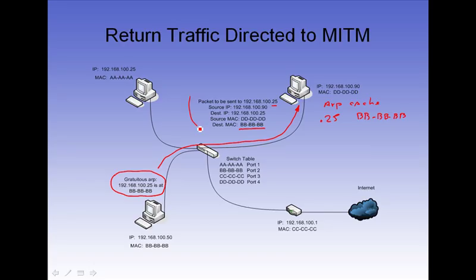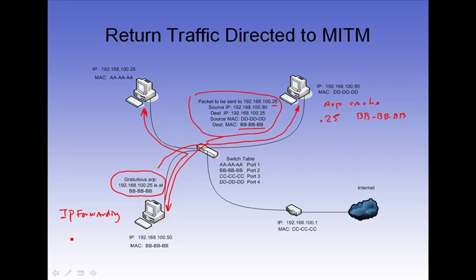So the return packet here, all this right here, is going to be sent to the switch, and the switch is going to note the destination MAC address and say, okay, that's on port number 2, so it's going to go through here and again come down to here, and as before we have IP forwarding enabled, so the packet's going to be readdressed, sent back to the switch, and by the switch it's going to be sent back to the computer that originally should have gotten the packet.